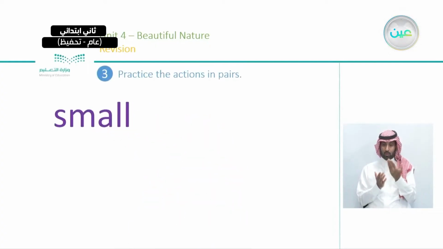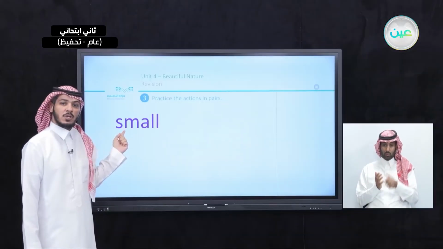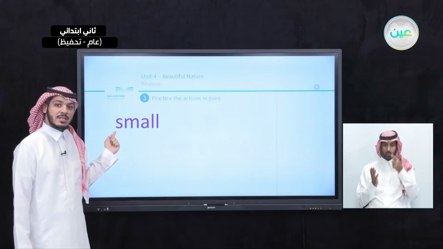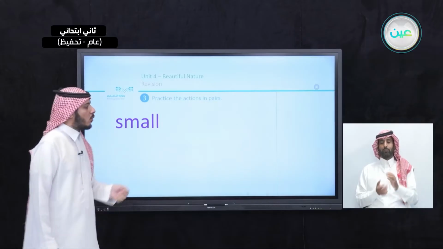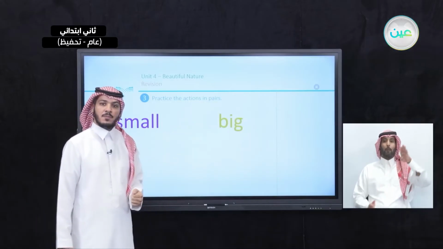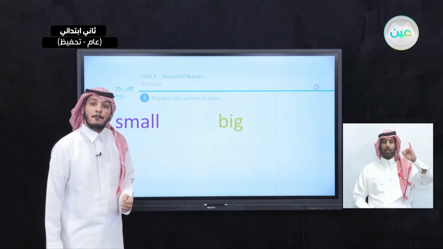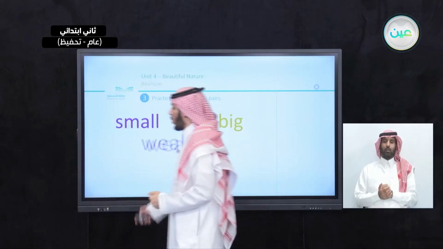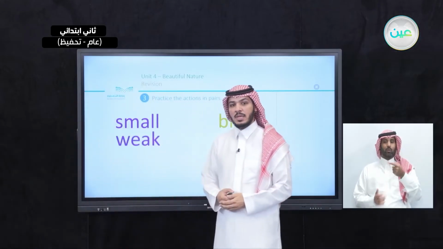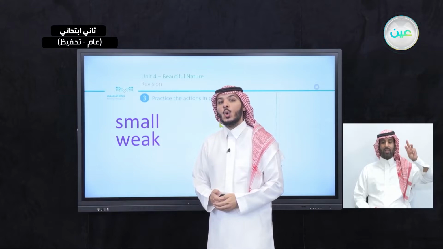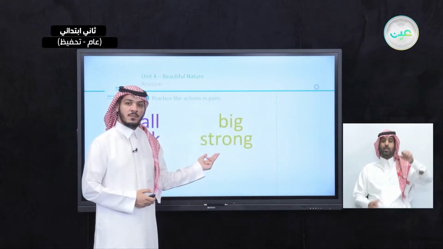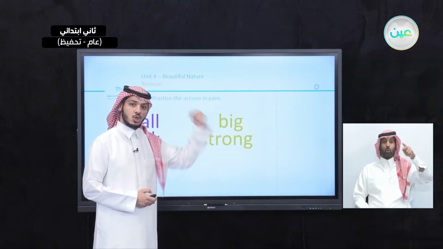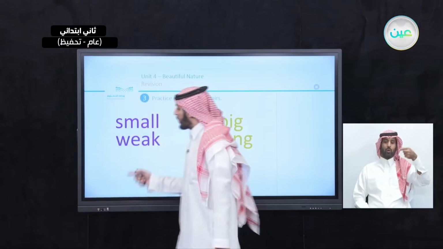Can you read this? What is this? Yes, this is small. What is this? This is big. Excellent. What is this? Can you read it? Yes, this is weak. And this is what? Strong. Excellent.